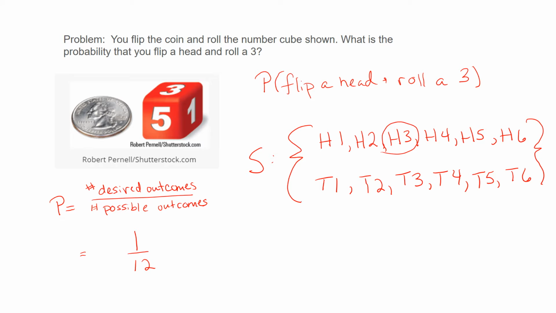Now this is an experiment where it's not hard to draw the sample space. But if it's pretty large, then we might have to count the number of possible outcomes using what's known as the fundamental counting principle.